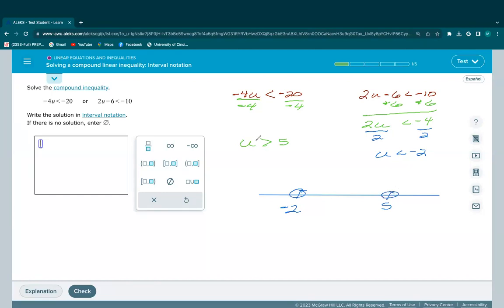And now u is greater than 5, so it's got the bigger part, so it's going here. And then u is less than negative 2. It's the or, so this means both. One can overtake the other.